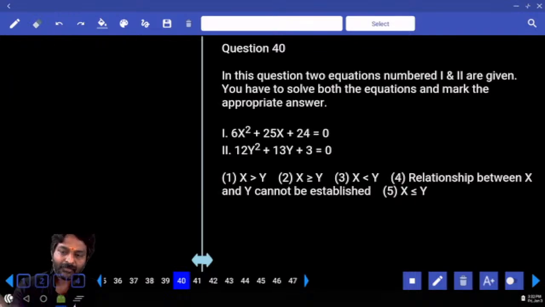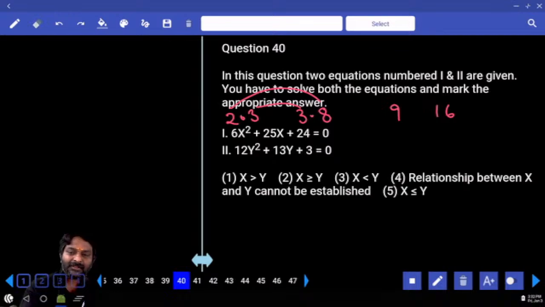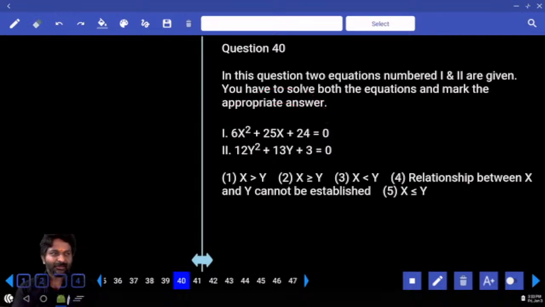Right. 6 can be written as 2 into 3. 24 can be written as 3 into 8. 3 into 3, 2 into 8. 9 and 16. Understood? So here, see, I'll tell you the clue. Both the numbers are even numbers. Correct? But some must be odd number. If you want to get an odd number, you should add one even number and one odd number. In that case only you will get an odd number.